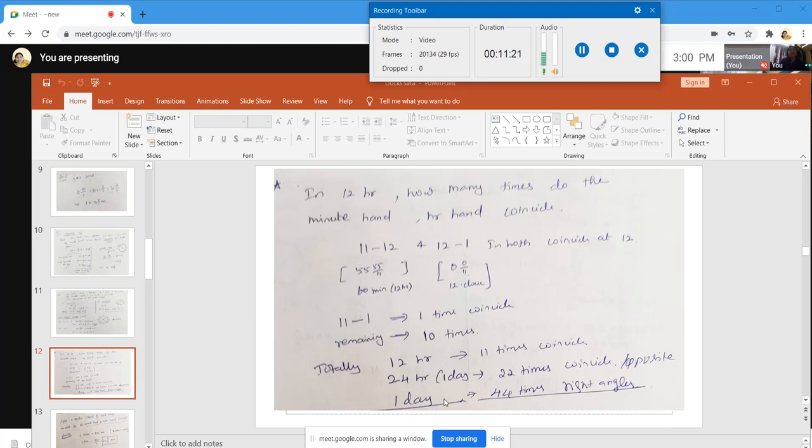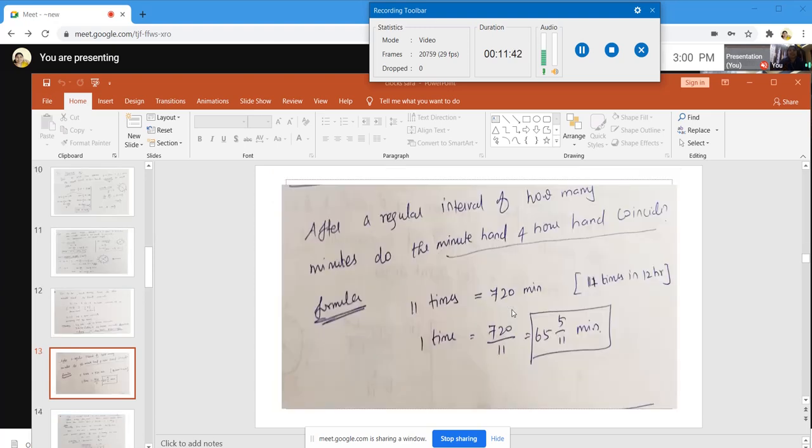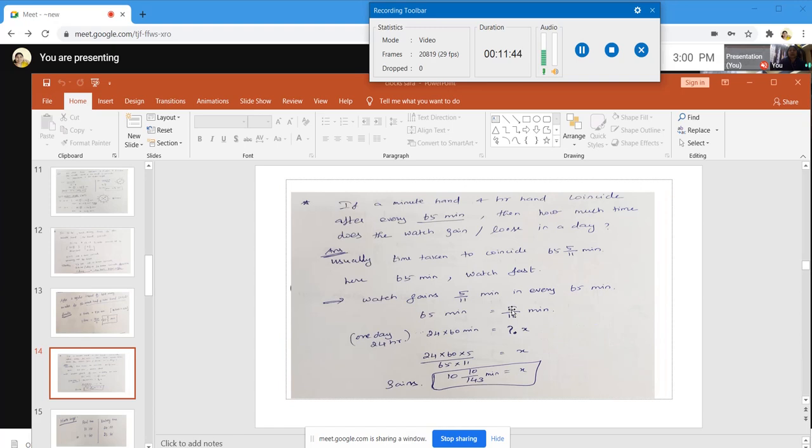So totally in 12 hours 22 times, and in 24 hours 44 times it will show right angles. So this question they are asking continuously, right? In one day 22 times coincide, 22 times in opposite direction, and right angles will be 44 times. So these are the questions they are asking continuously in the case of clocks.